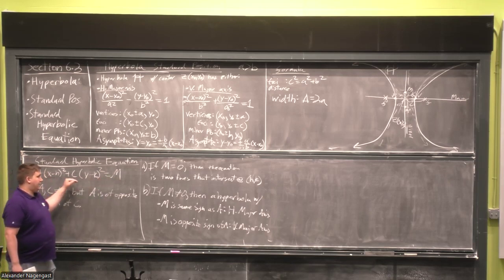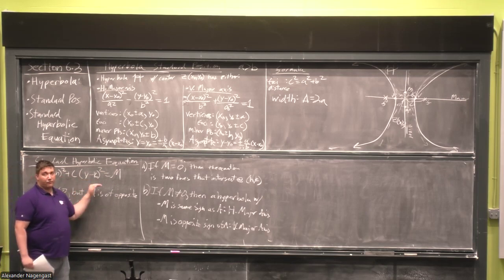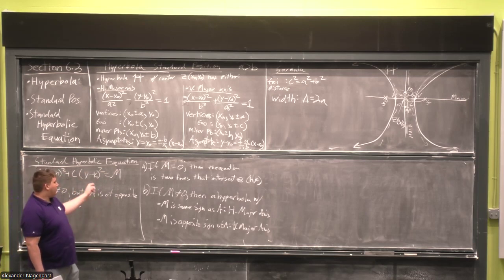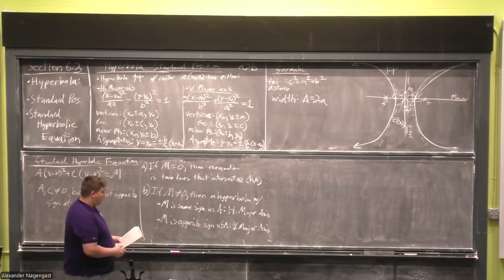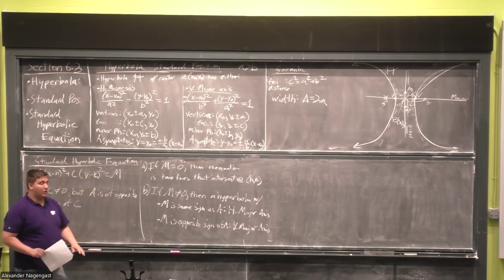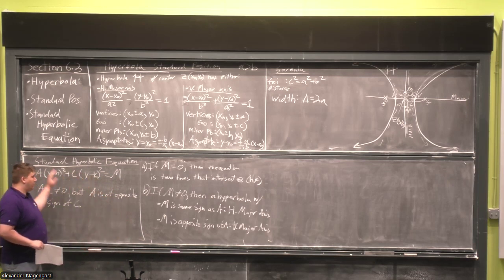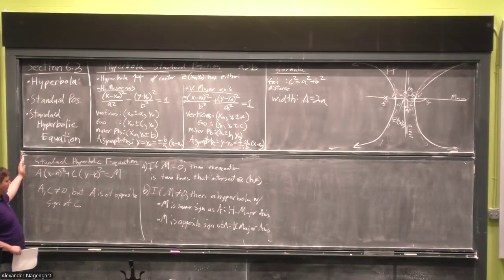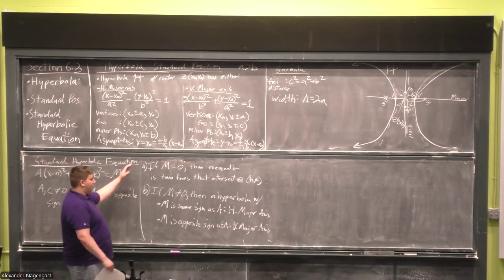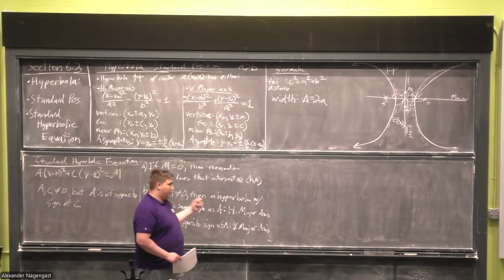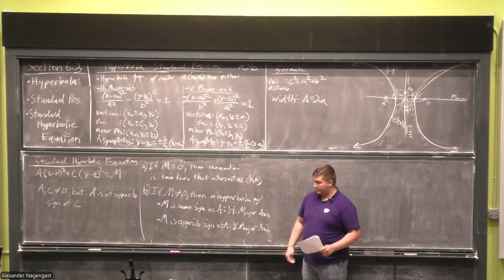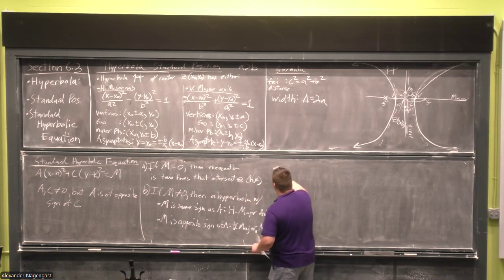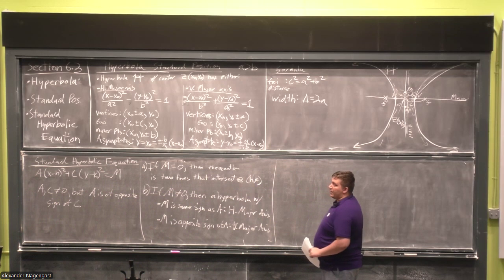And if m has the same sign as c, then we have a vertical major axis as y controls the vertical component. So either way, your check on learning is to write down the standard hyperbolic equation and include the information of if m equals 0, if m does not equal 0, and what is the result of it.